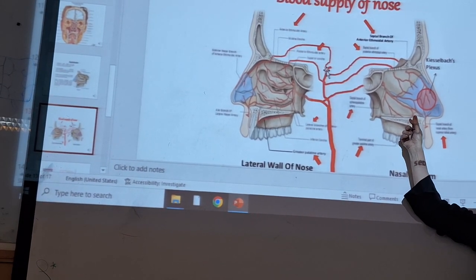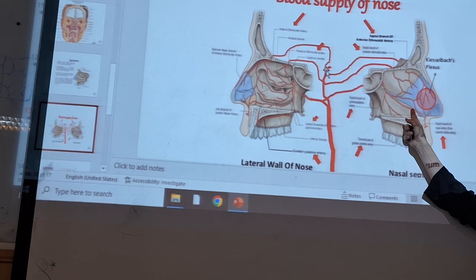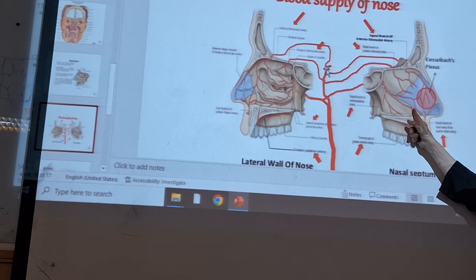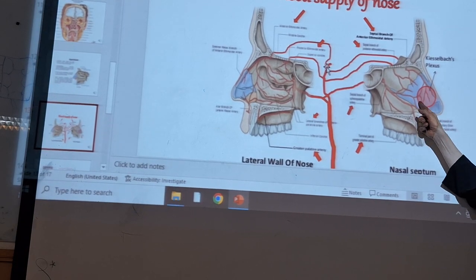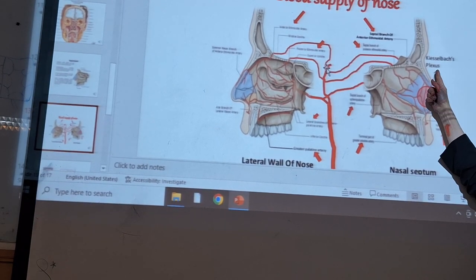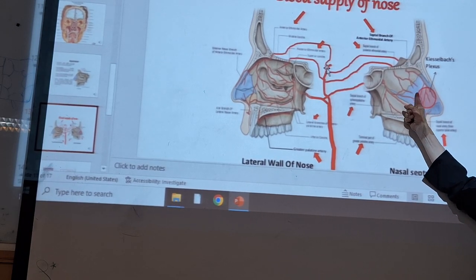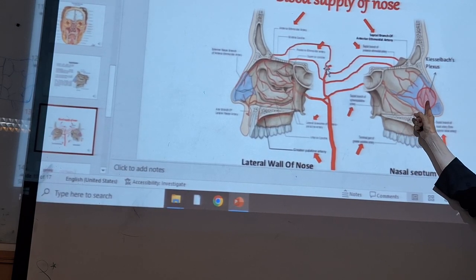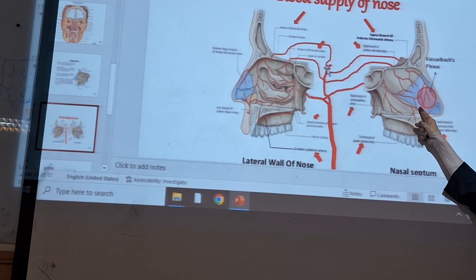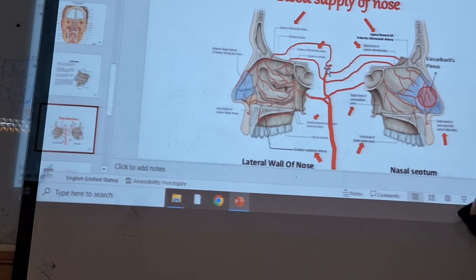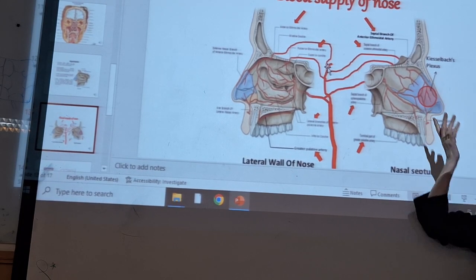After passing through the incisive canal, it enters the medial surface. In the medial surface it is going to participate in Kiesselbach's plexus. In Kiesselbach's plexus, the anterior ethmoidal, posterior ethmoidal, sphenopalatine, greater palatine, and also some branches that we call the superior alveolar are going to participate.